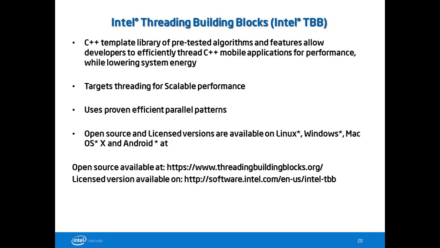What is this Intel TBB? This is a C++ based template library, or an STL kind of an interface provided by Intel. How does it help? It helps by utilizing multiple cores, thereby speeding up the execution of different instructions within your application.